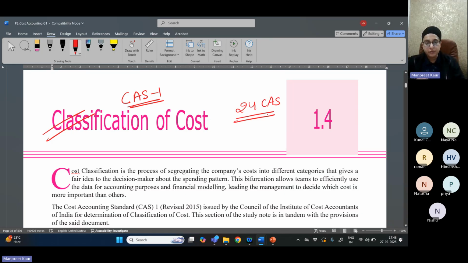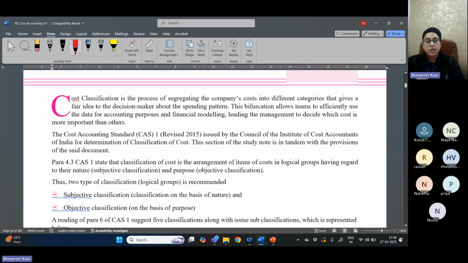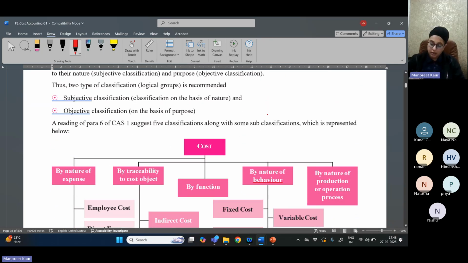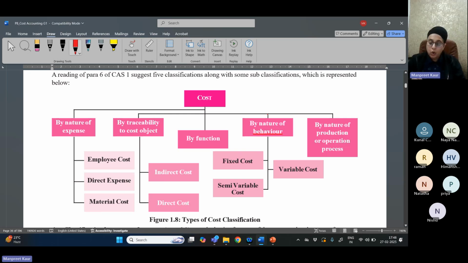It says that cost is divided into many parts, that is on the basis of expense, on the basis of cost object, on the basis of function, on the basis of behavior, or on the basis of the production or operation process.